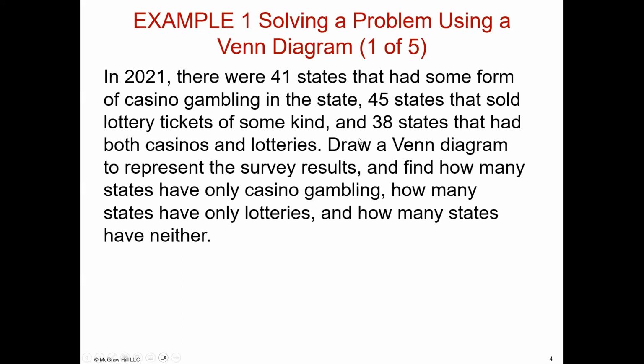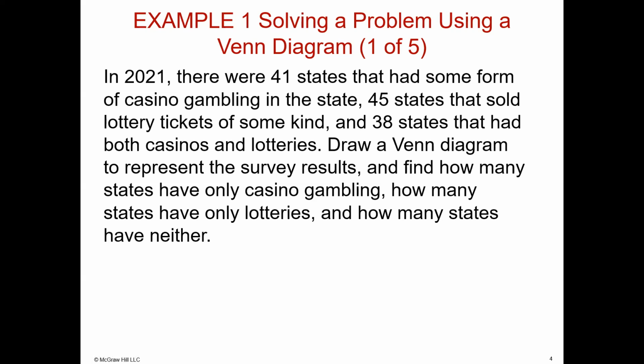Well, let's look at what type of entities belong to the states under consideration. We have casino gambling and/or lotteries. Do you agree? Yes. And then we might have some states that don't have either of these.